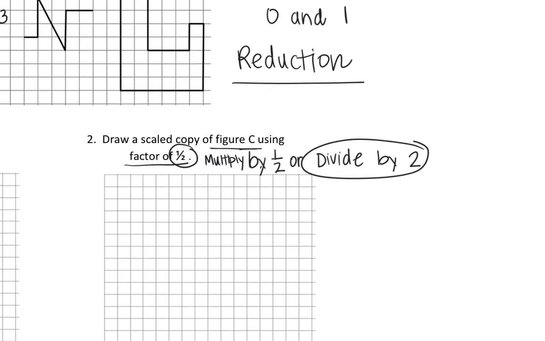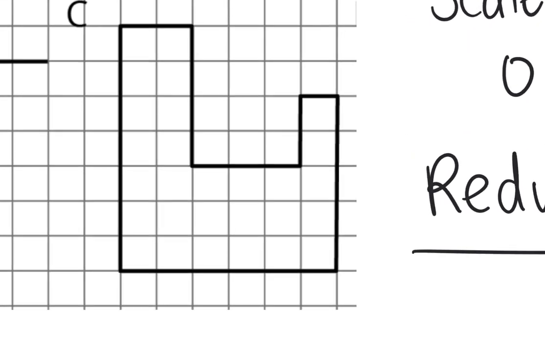But again, if you want to multiply by 1/2 or divide by 2, you can still use your calculator and recheck. That is fine, but you'll see me divide most of the times if it's a reduction. Okay, I just want to be clear. You have two options. This is the option that I will incline more to use. It's that division.